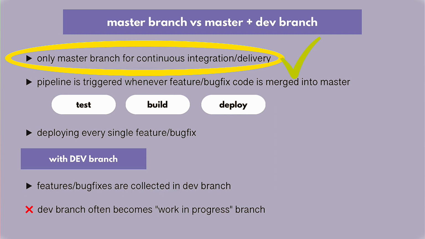Some even have third branch, which is a staging or test branch in addition. So it's important to know that these are the practices they're working with. And if you want to move to the proper DevOps pipeline with continuous delivery, you have to move away from that and implement just one master branch and build and deliver the changes after every merge to the master branch.